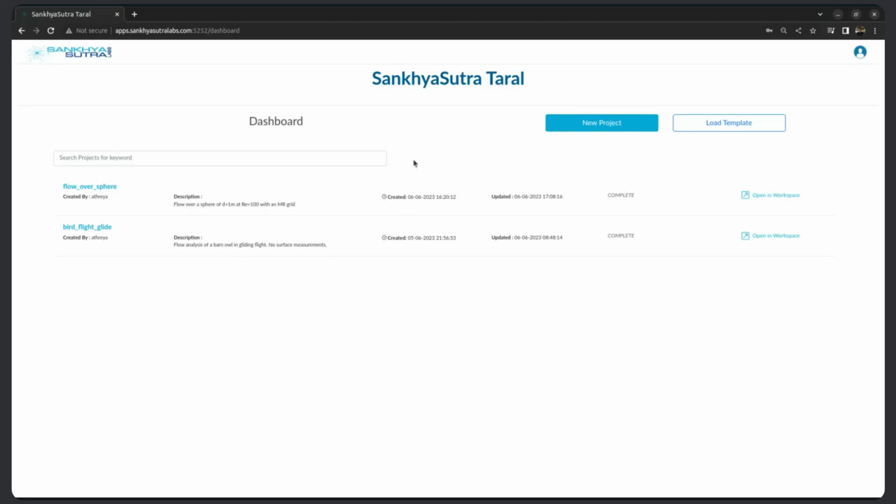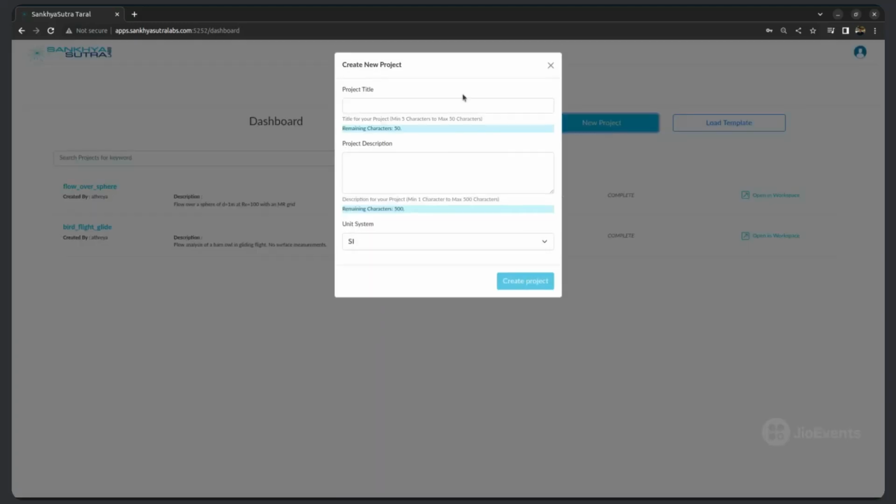So once you log in, you're directed to something called the dashboard. Now, the dashboard is the area where you can see all the projects that you have created. So for new users, this is going to be empty. But I have stored a couple of projects here. And the way you create new projects is by clicking on this new project button. So let's say I wanted to simulate the flow past a sphere, right?